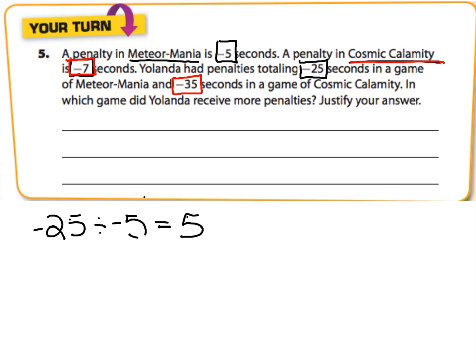In Cosmic Calamity, she lost 35 points, but those came in chunks of -7. And when you do that division, she again had 5 penalties. Okay, so our answer here, or the result, would be that she received the same number of penalties in each game.